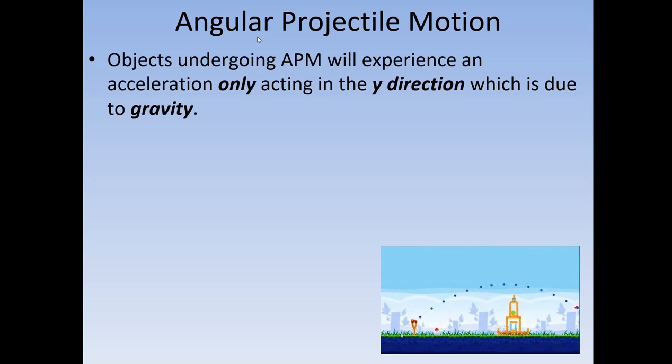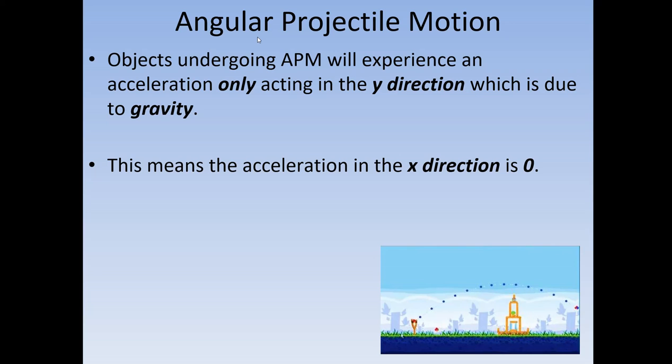Once again, when we have these objects undergoing angular projectiles, we still only have acceleration in the y direction caused by gravity. So, just like with the horizontal projectiles, the acceleration is always going to be 0 in the x, and 9.8 or 10 meters per second squared in the y direction.